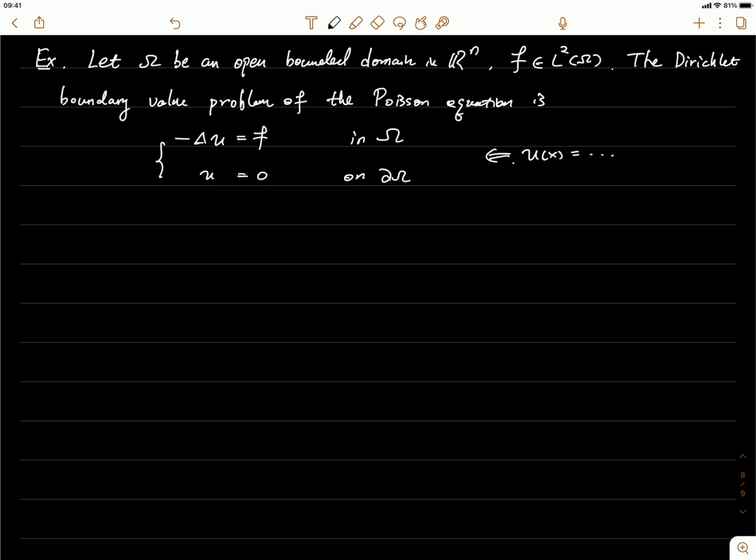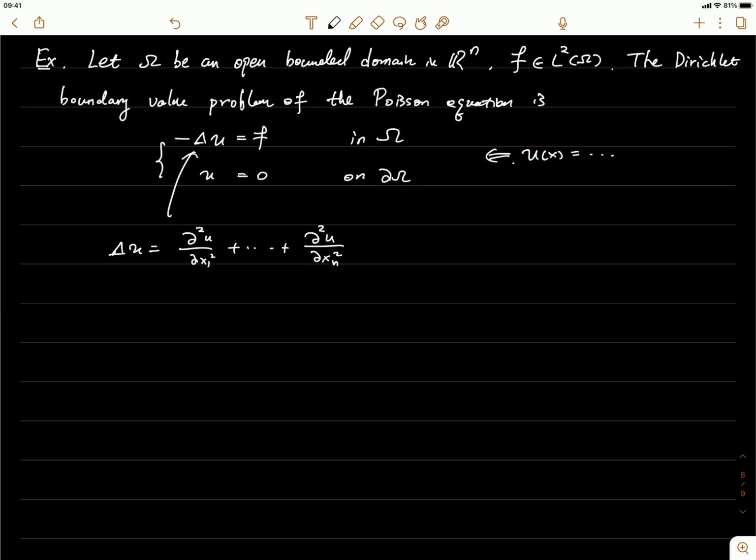First of all, when you see this Laplacian, you know that the Laplacian of u, as we showed last time, is the second-order partial derivatives ∂²u/∂x1² all the way to ∂²u/∂xn². So u needs to be at least twice differentiable with respect to each of these variables.